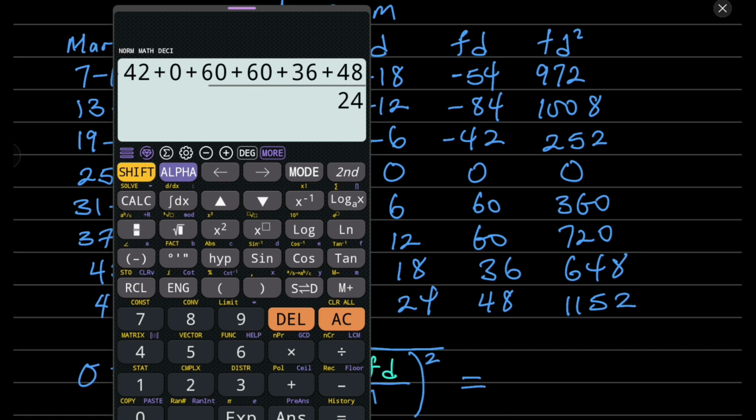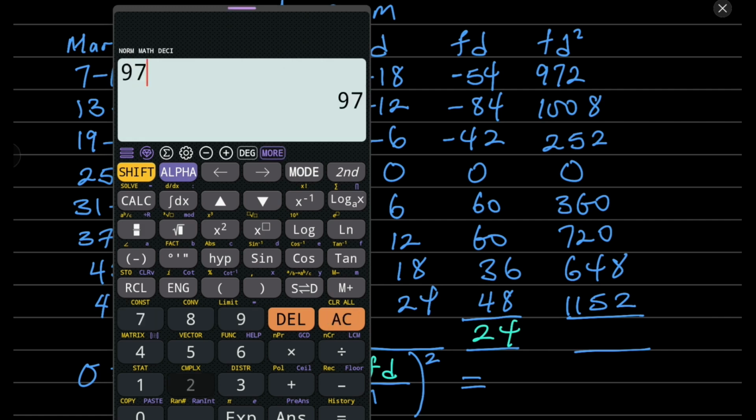Total is 24. We do the same for the FD squared column. 972 plus 1008 plus 252 plus 0 plus 360 plus 720 plus 648 plus 1152. So altogether we have 5112.